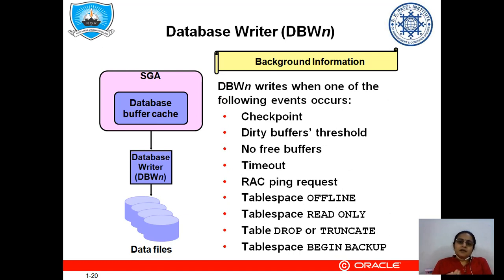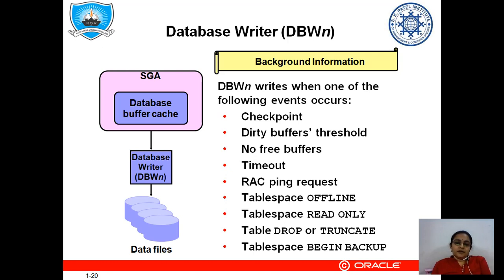Now DBWn writes when one of the following events occurs. When a checkpoint event occurs, this process is activated. When the dirty buffer threshold is reached and no free buffers are available, it is activated. Whenever a timeout occurs, where a user is connected but idle. Then when a remote application cluster is pinging a request.